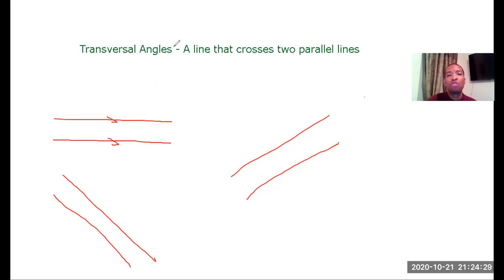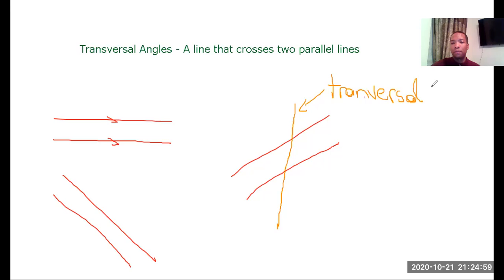So when it says a transversal angle is formed, it is formed when a line crosses two parallel lines. Since we have two parallel lines here, if I draw a line crossing the two parallel lines, this line right here would be considered my transversal line.